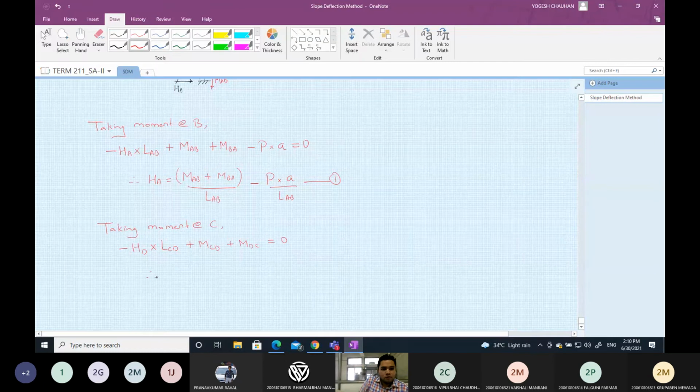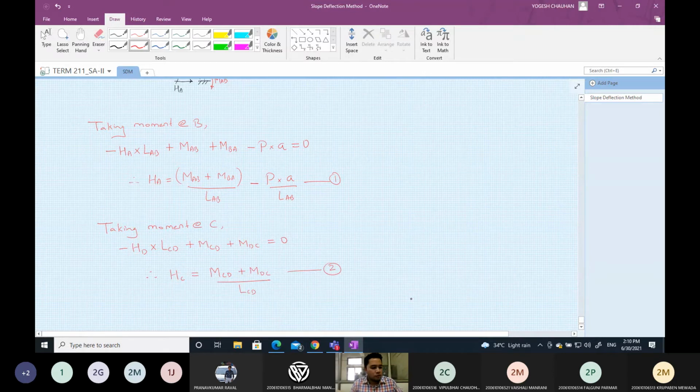So therefore, you can write HD is equal to MCD plus MDC divided by LCD. Mark this as number 2.